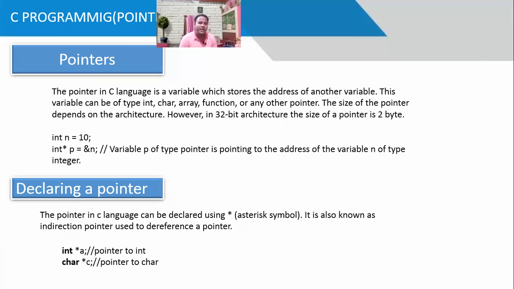Like if I am making you a pointer, you have the address of me and of your friend. You are a variable that has the address of a different person. A variable which contains the address of another variable is a pointer.